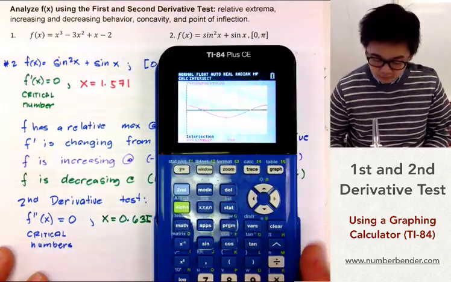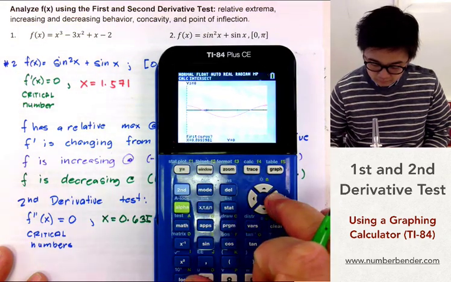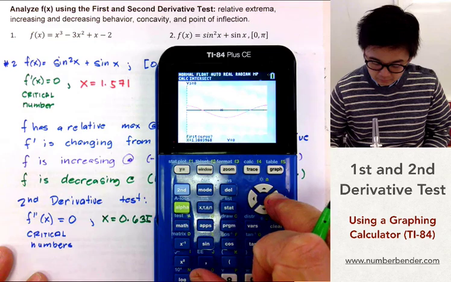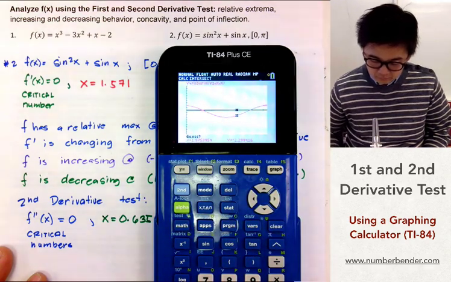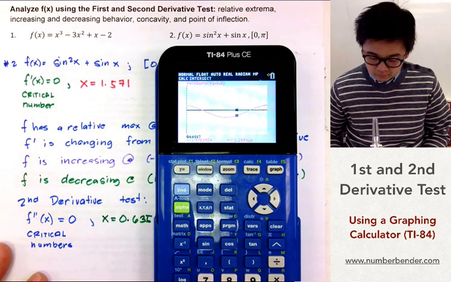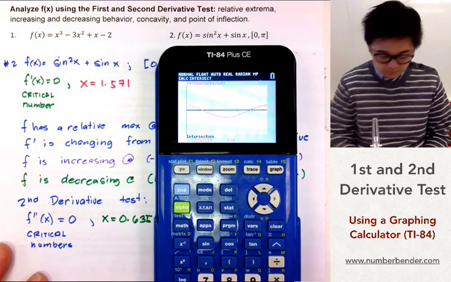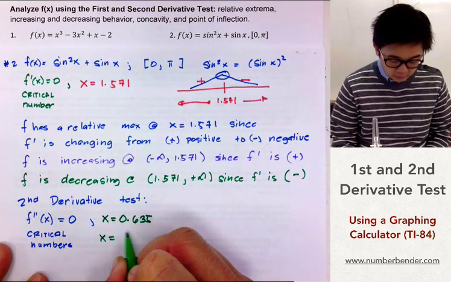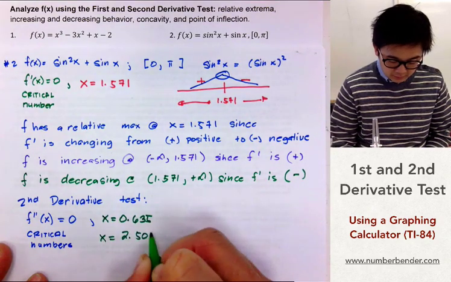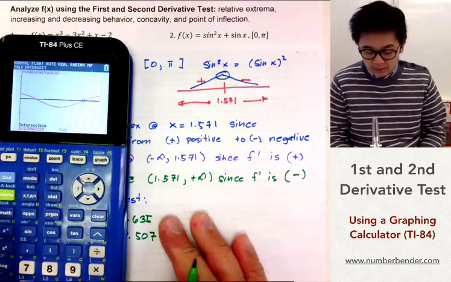And the second critical number is at x equal to 2.507.